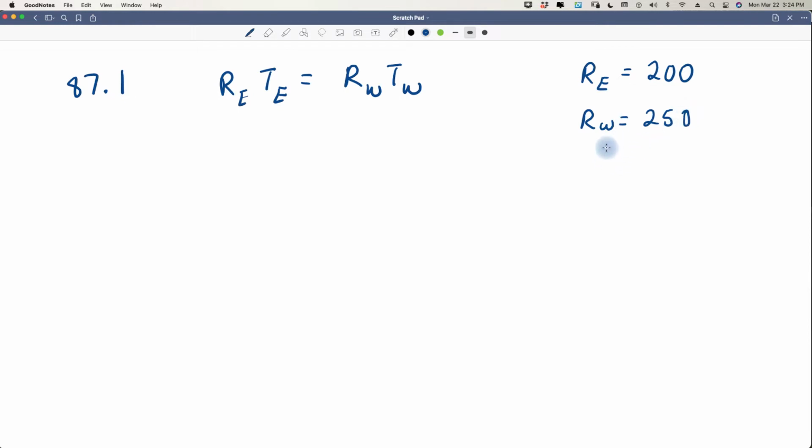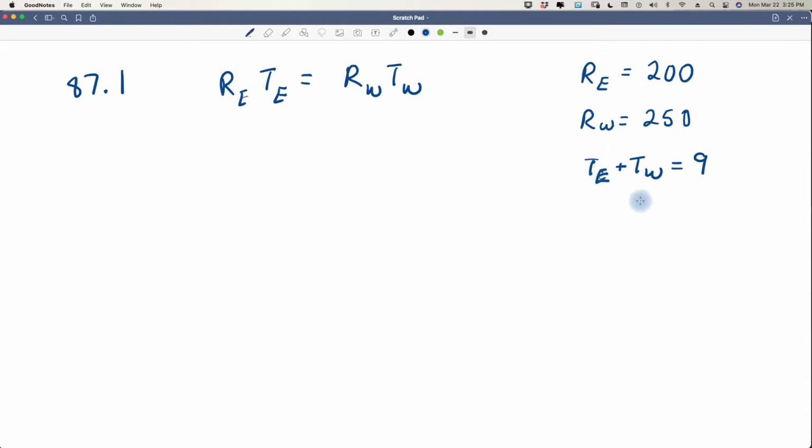And then we are told that TE plus TW equals 9. So in order to solve for TE or TW, we're going to have to pick one and move the other over.